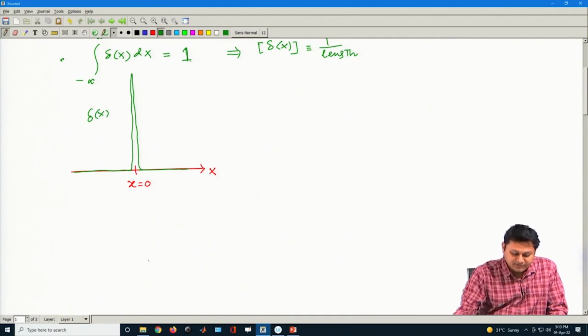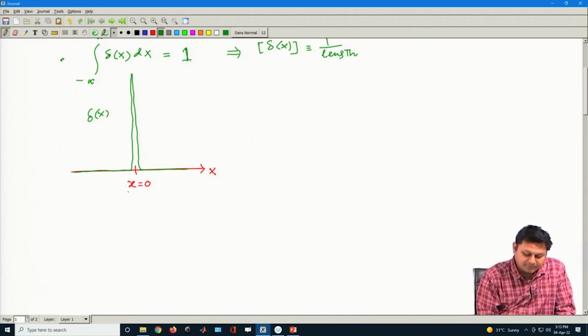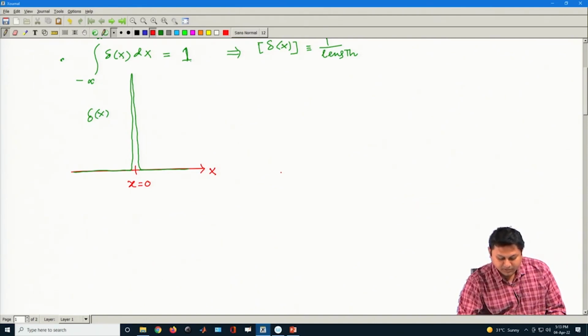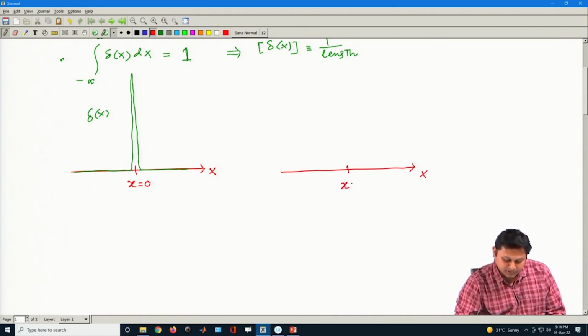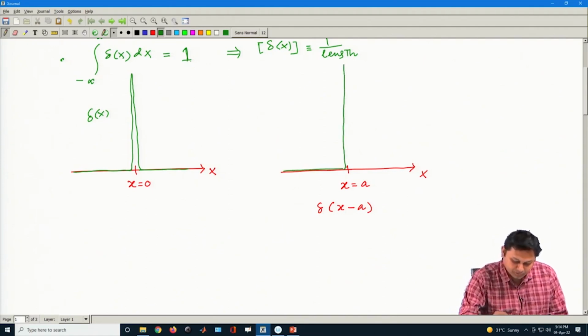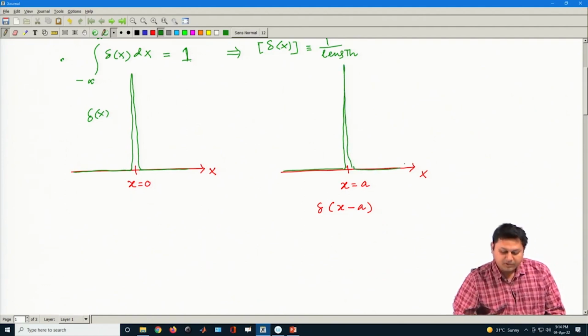Well, it is not necessarily that we always have the delta function at x equal to 0. We can shift our coordinate to some other point, suppose x equal to a. Now my delta function is defined as delta of x minus a, a coordinate shift. The same thing happens here: all the values will be 0 and suddenly we have a huge spike here, and then it goes to 0 for other values.